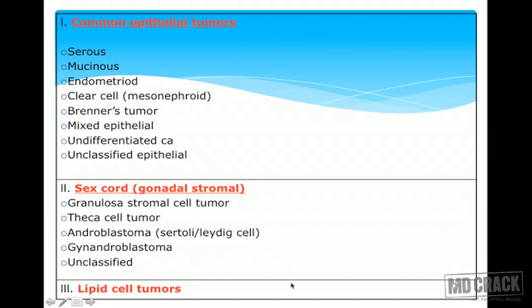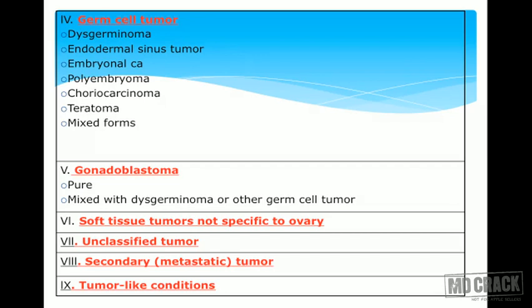Lipid cell tumor, germ cells, they form dysgerminoma, again a very important tumor, endodermal sinus tumor, embryonal carcinoma, polyembryoma, choriocarcinoma, and again a most important tumor of the ovary, that is teratoma. Most important germ cell tumor.